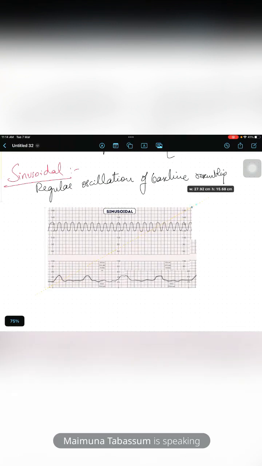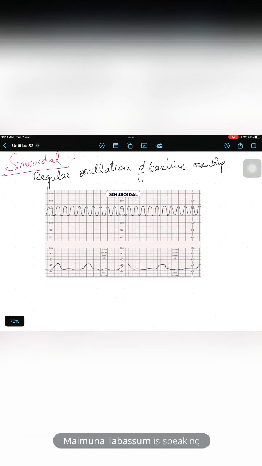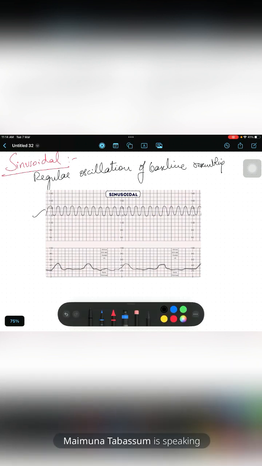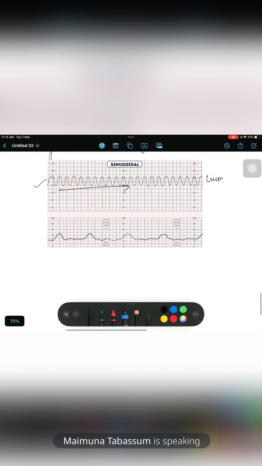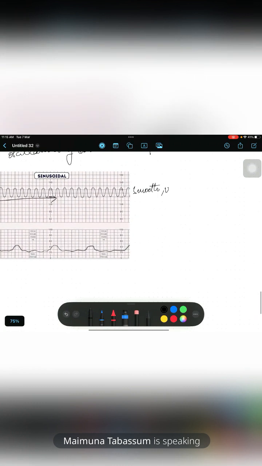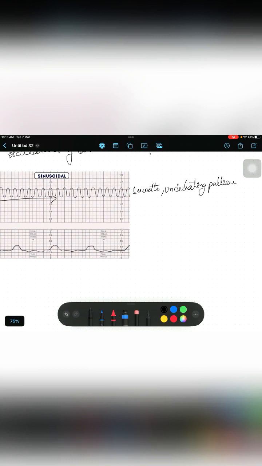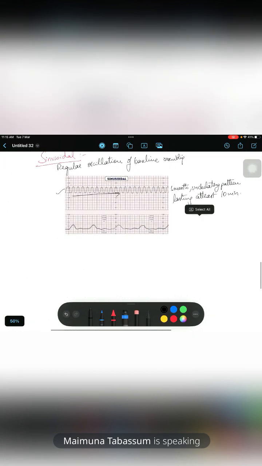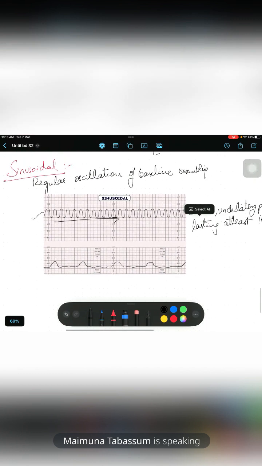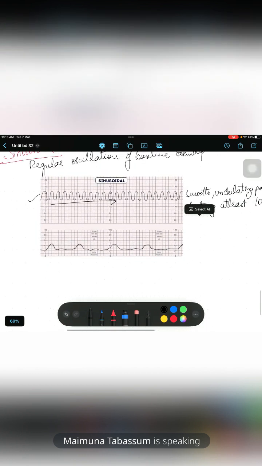See this, you will be having a regular oscillation of the baseline. It has a smooth undulating pattern lasting at least 10 minutes. A sinusoidal pattern can be seen in fetal anemia or parvovirus infection.